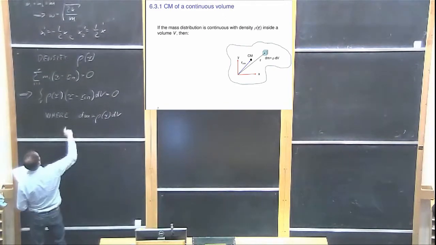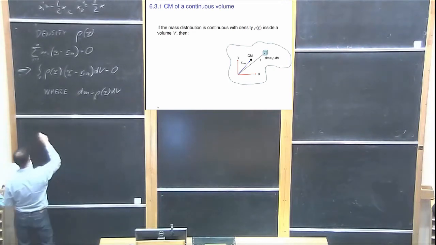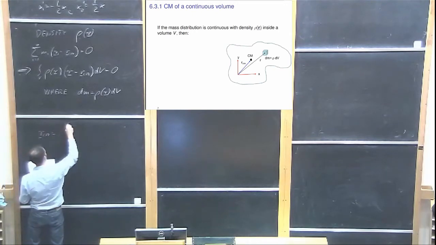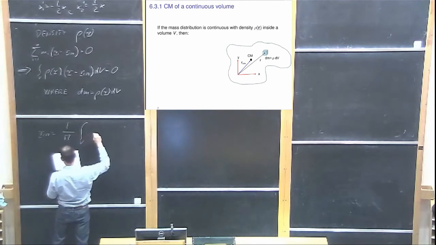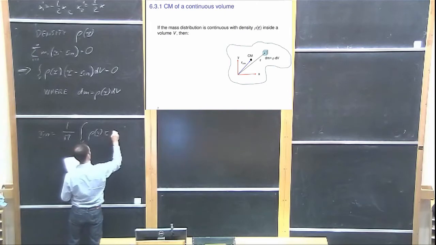If we take this and solve it for r_cm as before, we get r_cm equals 1 over M integral over V of r rho(r) dV.